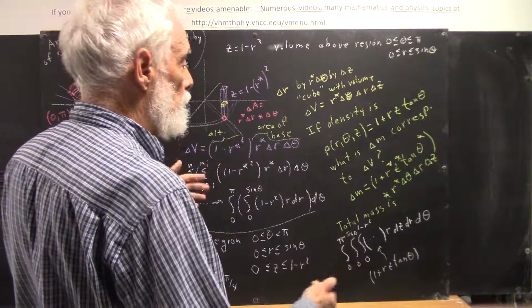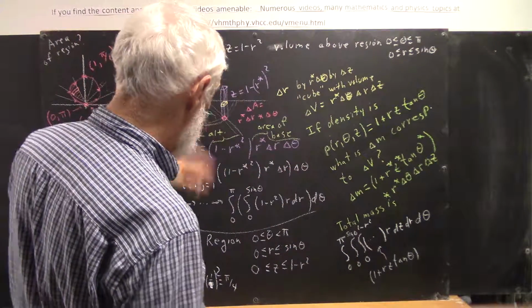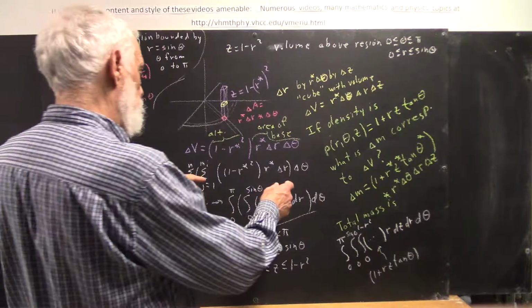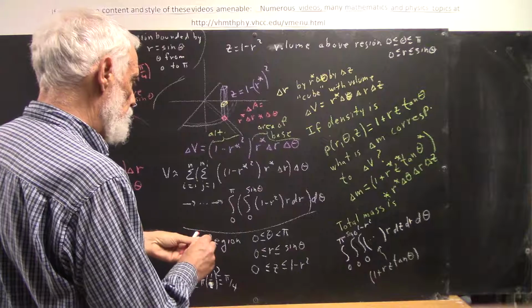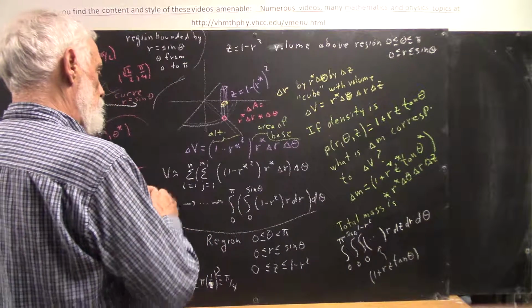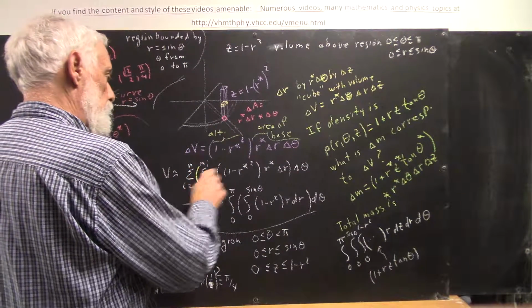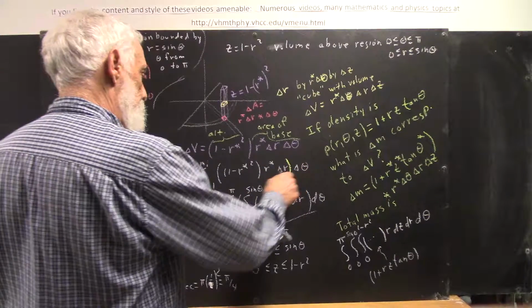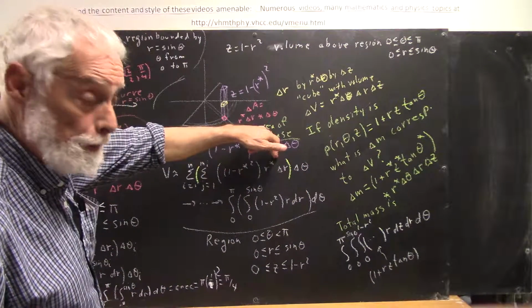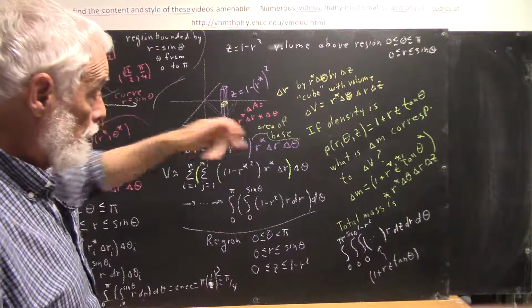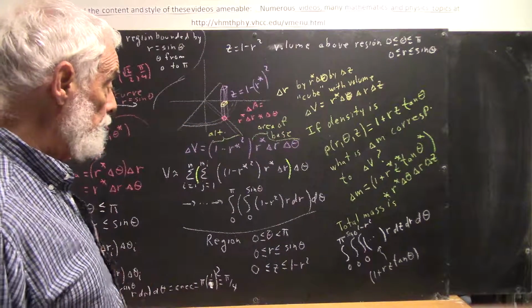And we arrange our r's and delta thetas and so forth, so that everything that depends on r is here inside this set of parentheses. And the parentheses are correct, but let's emphasize this set of parentheses gives us our r dependence. And then outside that we have our theta dependence.